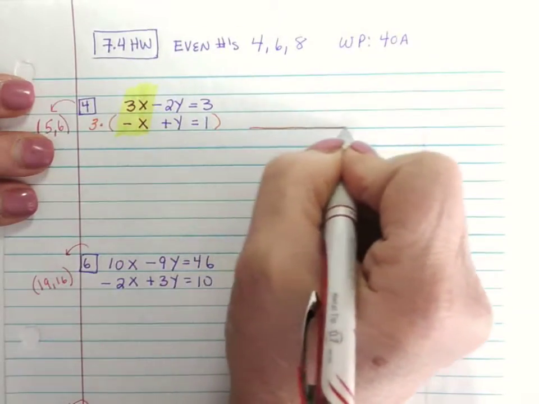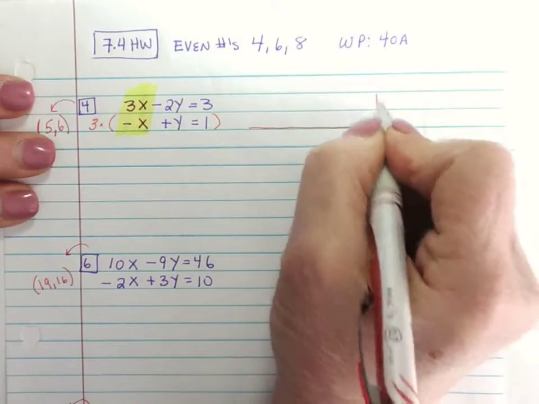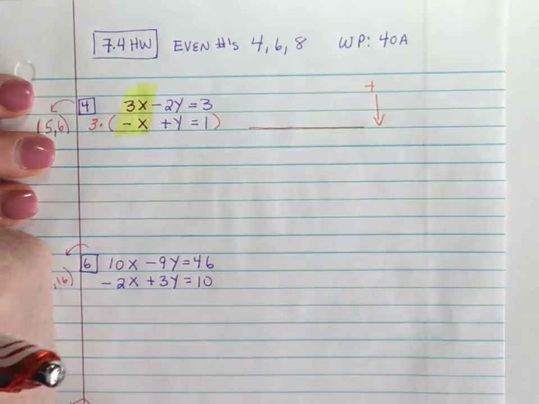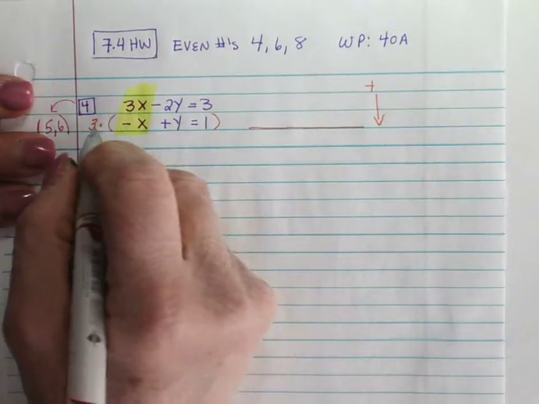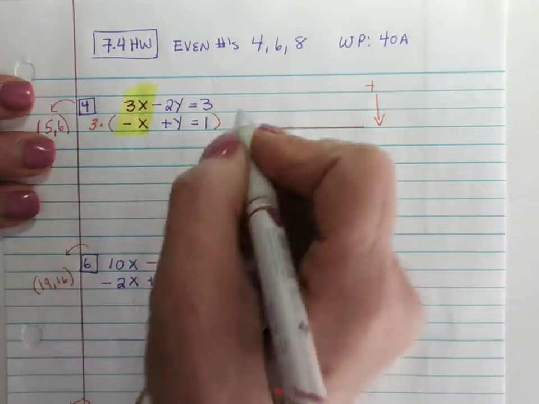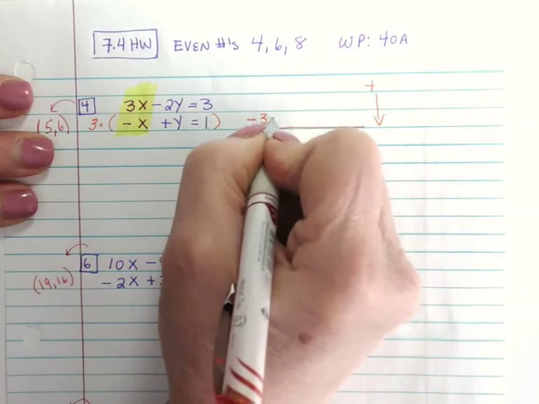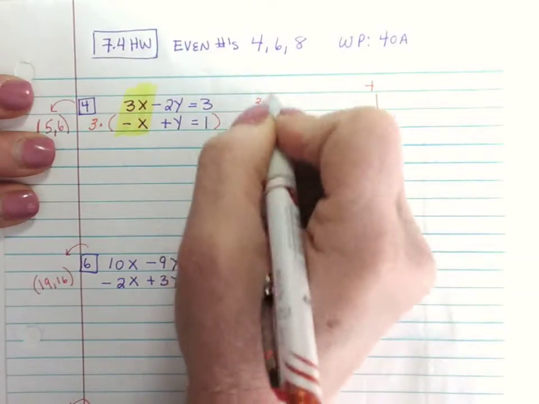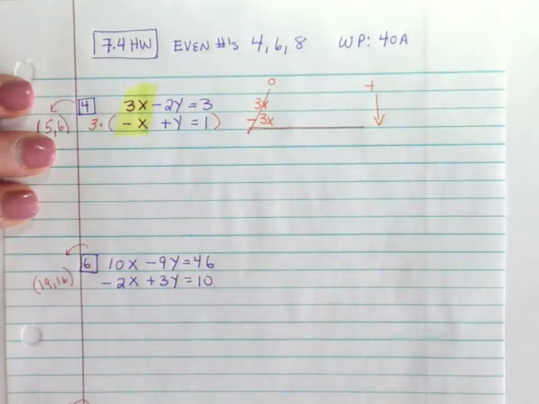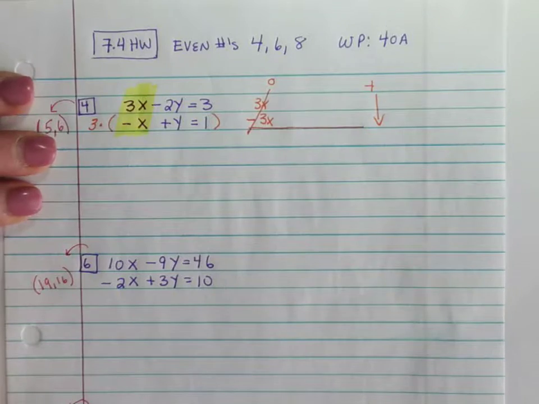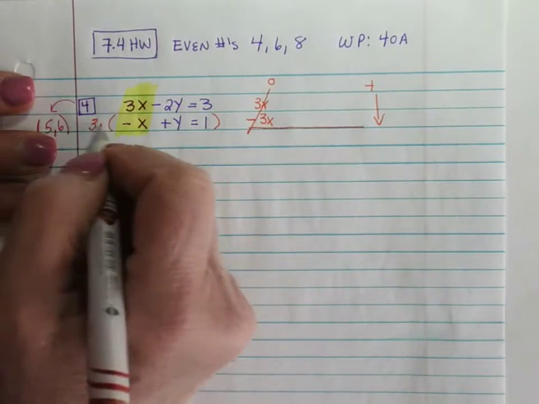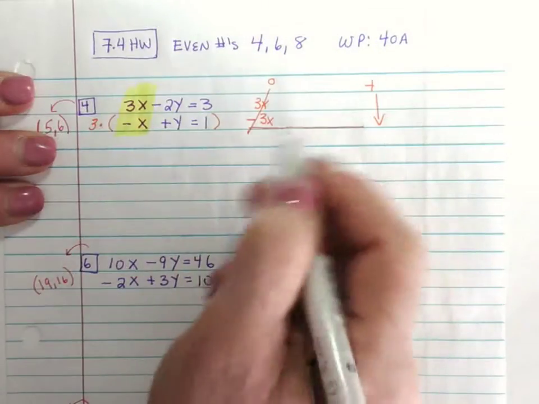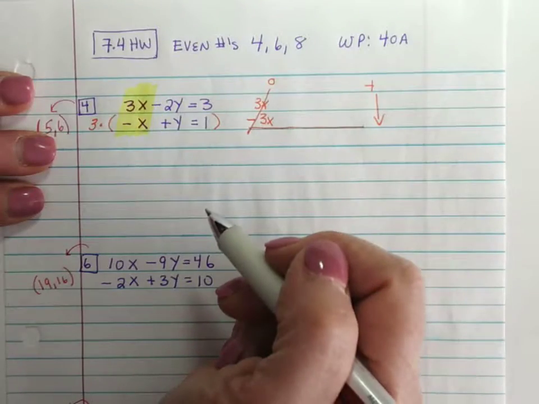Because the first step is always going to be add down, and we want to eliminate. What happens if I multiply this by 3? I get negative 3x and 3x, and if I add down, that's 0. So that shows me that multiplying this equation by 3 is going to eliminate x.